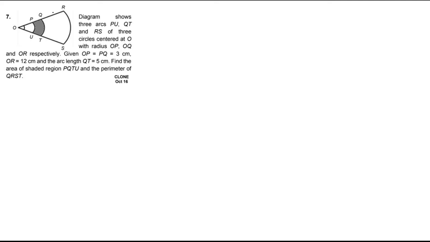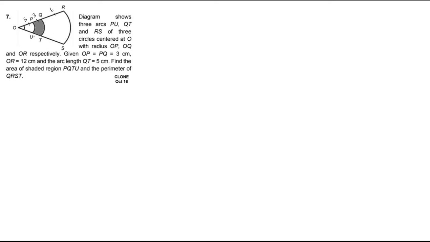Given OP, PQ is 3 cm. So here 3 cm. Here also 3 cm. OR is 12 cm. Okay, if OR is 12 cm, minus 3, minus 3, and then here QR is 6 cm. Okay, because OR is 12, so 6 plus 3 plus 3 is 12.